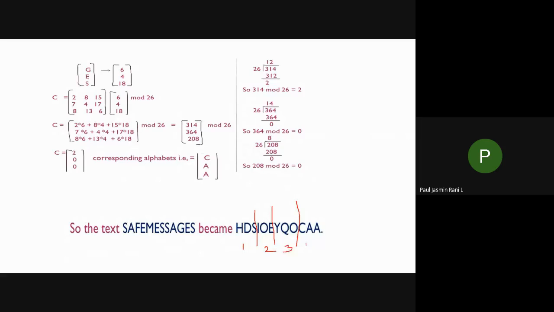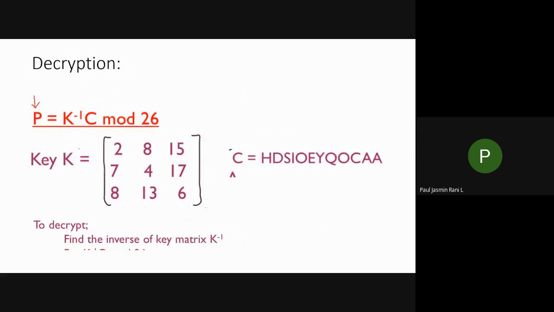So what happens in decryption? You have to convert your ciphertext into plain text. First you take HDS as your ciphertext, and you have to multiply that ciphertext with your key inverse.